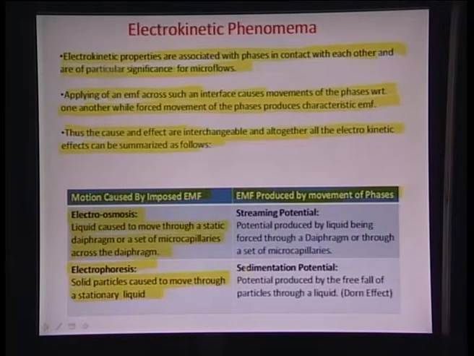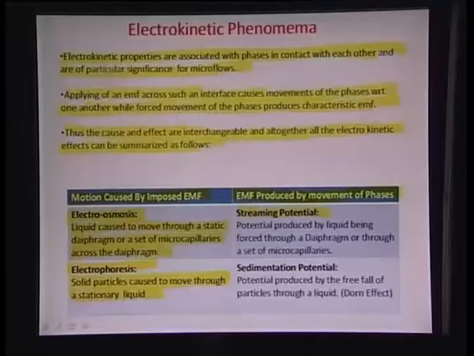So, for the other mechanism, where EMF is produced by the movement of phases, the first property is the streaming potential, which is the potential produced by liquid being forced through a diaphragm or through a set of microcapillaries. Okay.